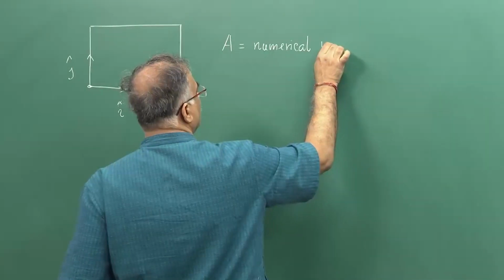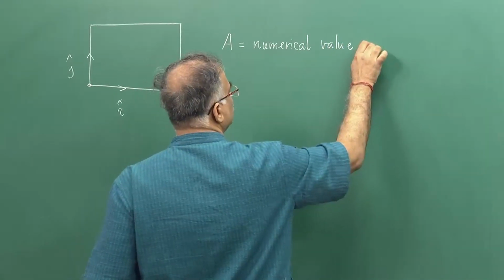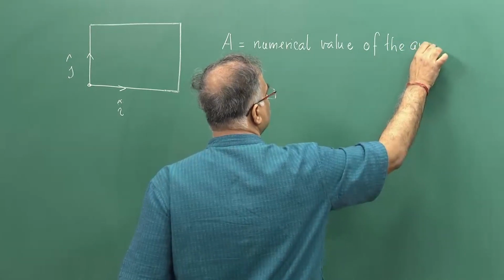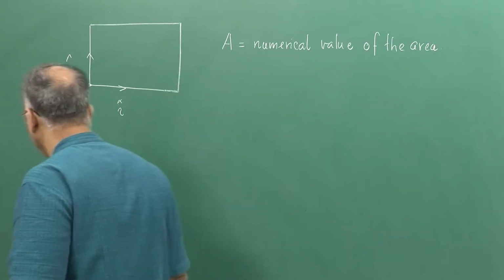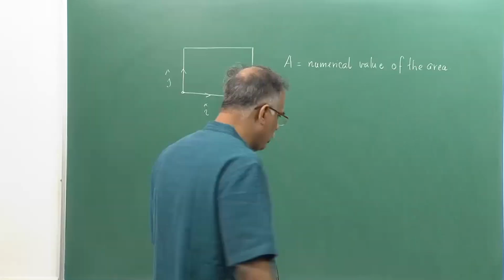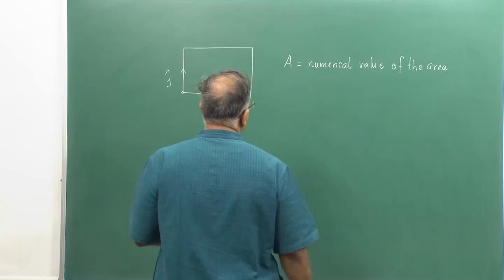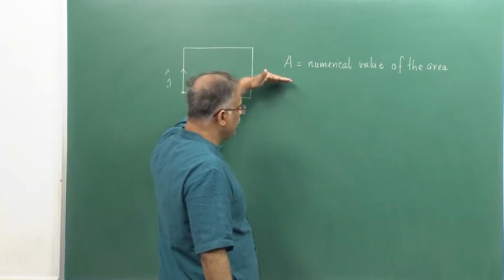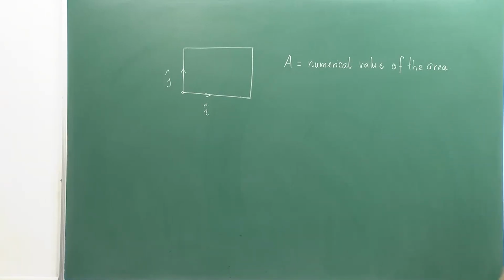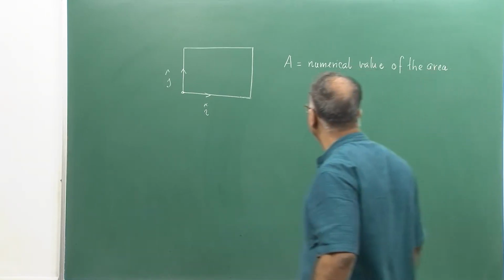which is a non-negative number, and in this particular drawing it is positive. Then I can always represent the area in terms of a vector which I will call an area vector.